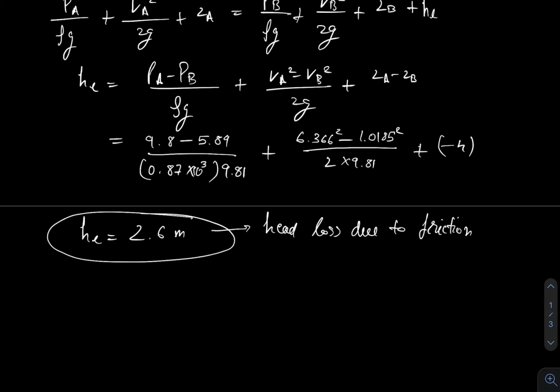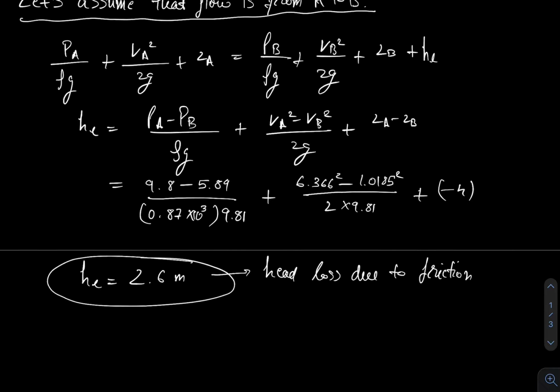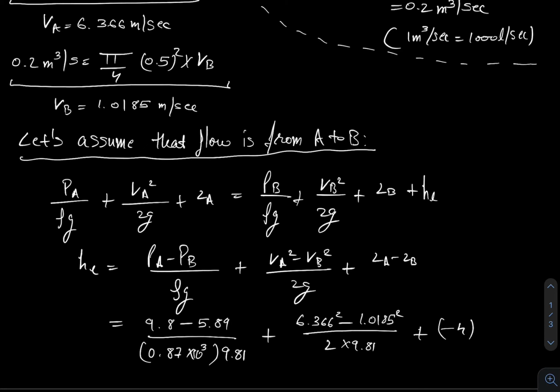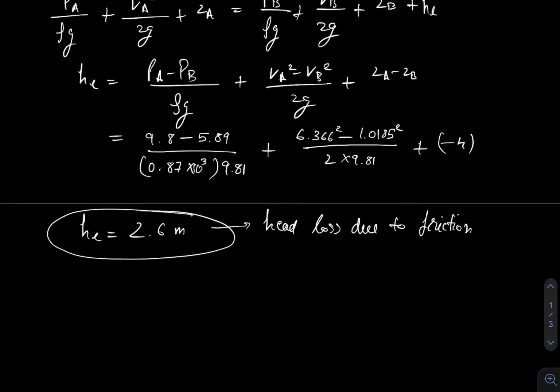Now what else was asked? We need to find whether my flow is from A to B or from B to A. In this case, as my head loss is positive, see, we assumed that my flow is from A to B. If my head loss has come out to be positive, it means my assumption was correct, because obviously the losses will be in the direction in which the fluid is flowing.